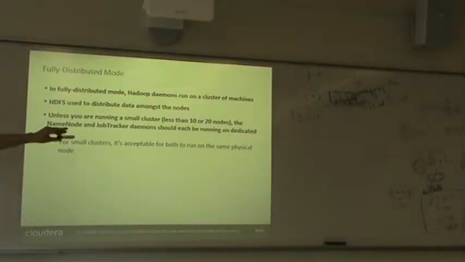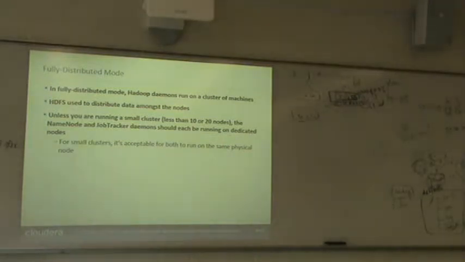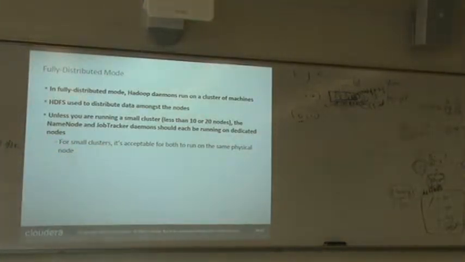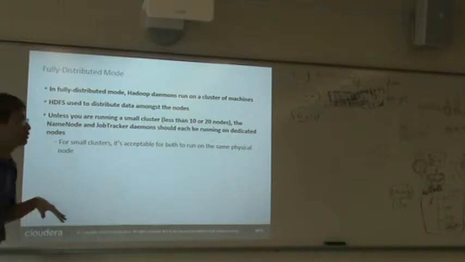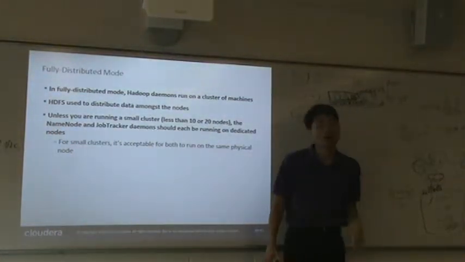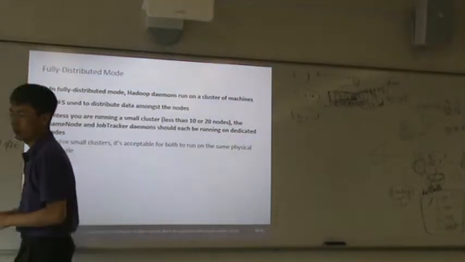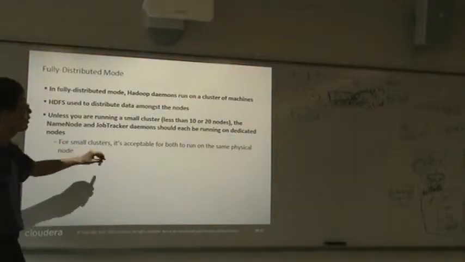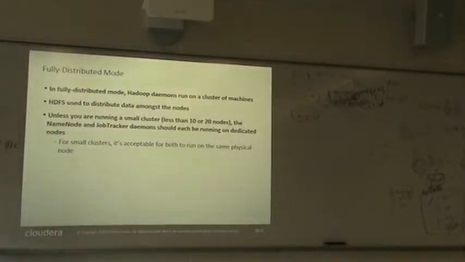Because all machines in the lab are connected, you can use that. Actually, name node and job tracker are recommended to be separate, but because we have limited machines, we are going to use the same machine for job tracker and the name node. However, in a small cluster, it is accepted.